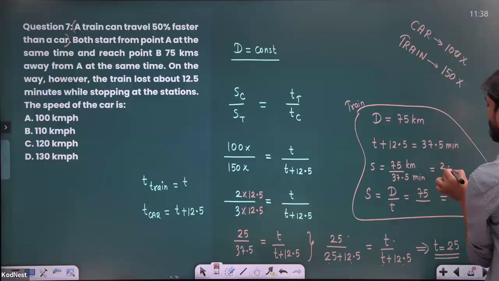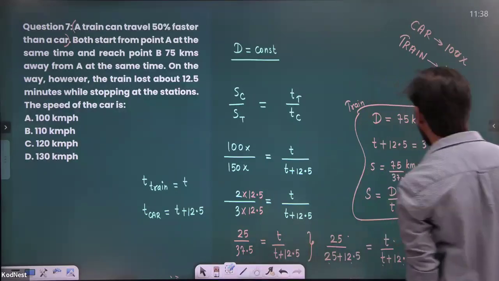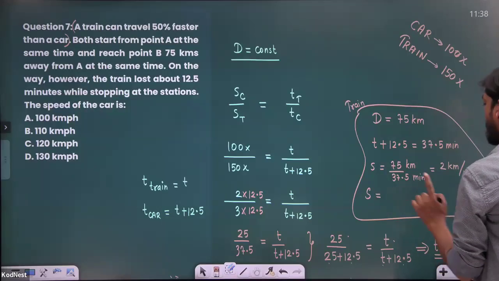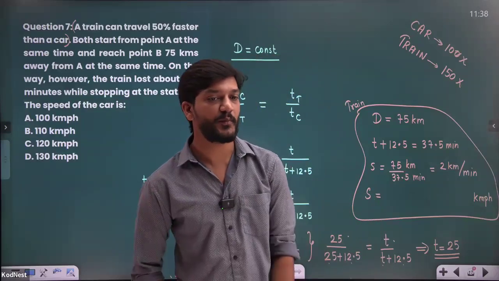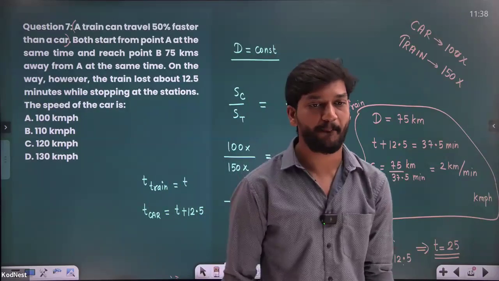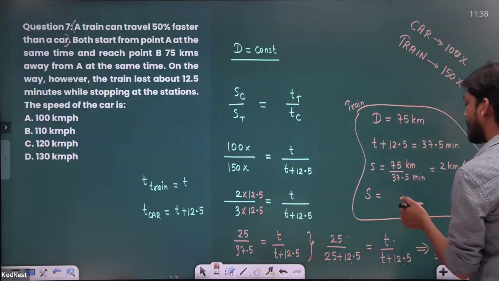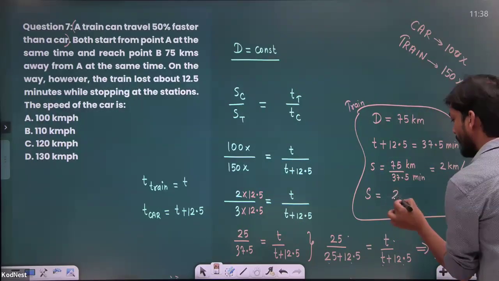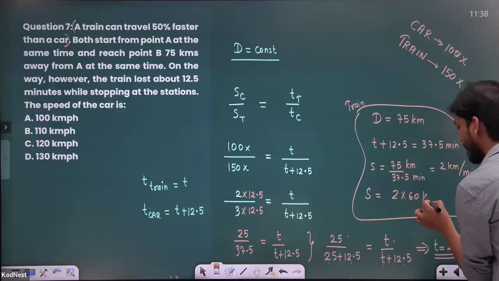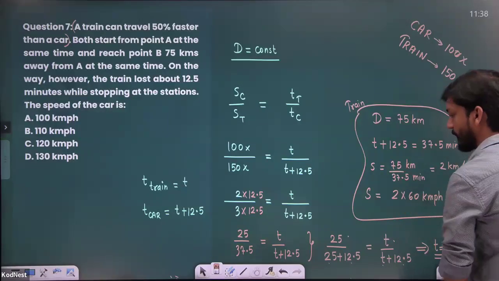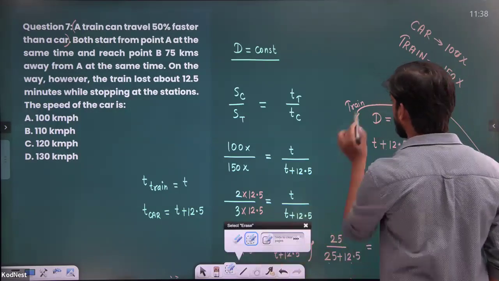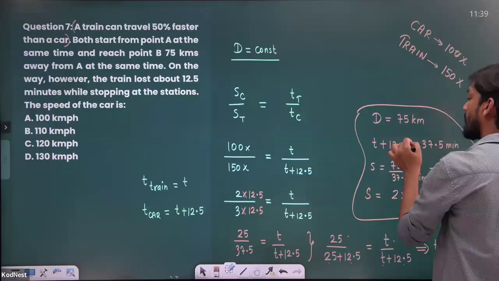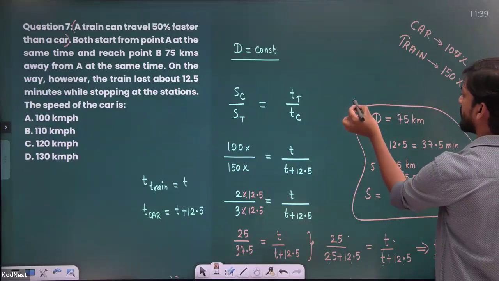So this will give you 2 kilometers per minute. 2 kilometers in 1 minute. So how many kilometers per hour? 60 times, because 60 minutes is 1 hour. So 2 into 60 kmph. Okay, this is for the car because we have taken the time of the car.